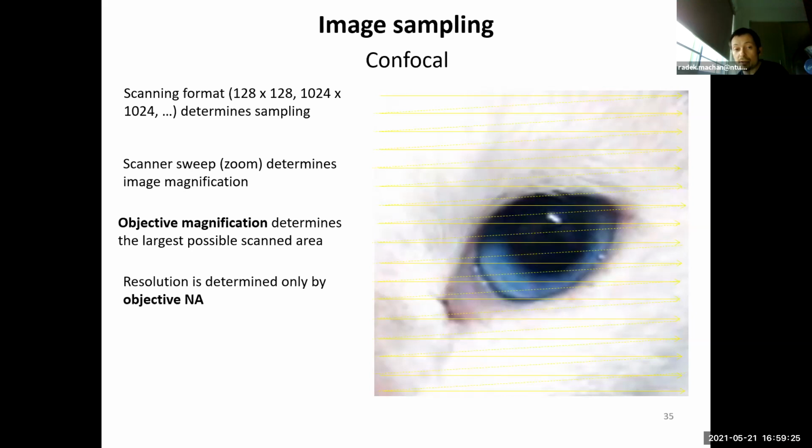Since the resolution is determined by objective numerical aperture, the question is, if I have a choice of a 63 times 1.4 numerical aperture or 100 times 1.4 numerical aperture, which one is better? Definitely the 63 times. Why? Well, because they both give me exactly the same resolution, but the 63 times allows me to scan a larger area.